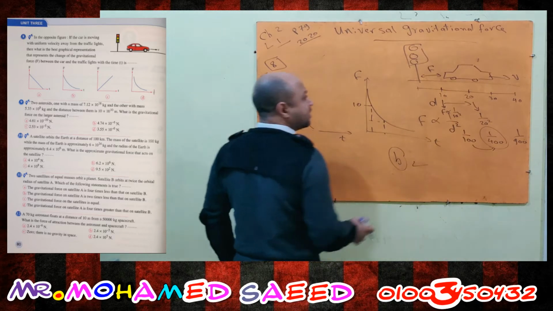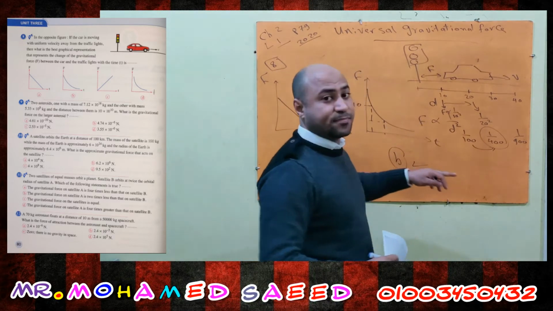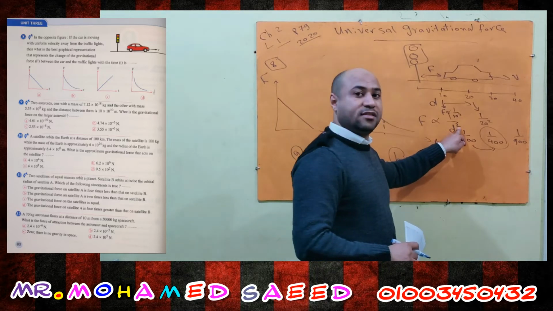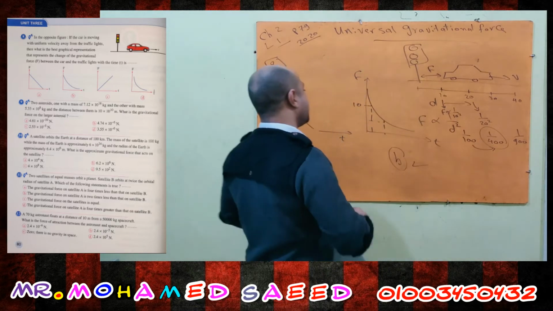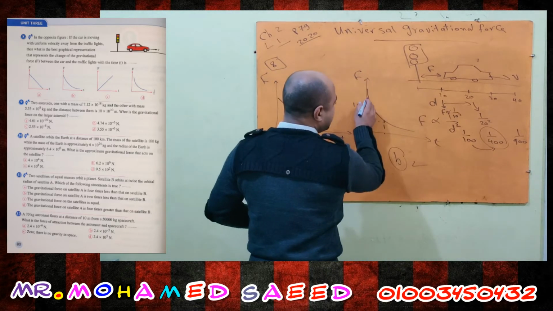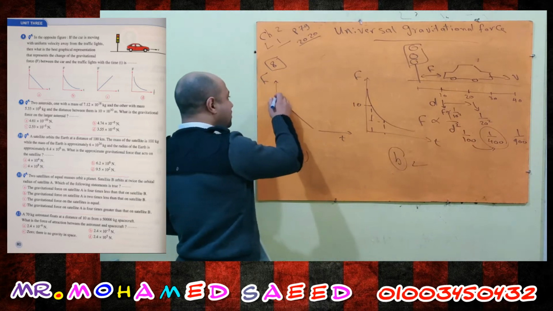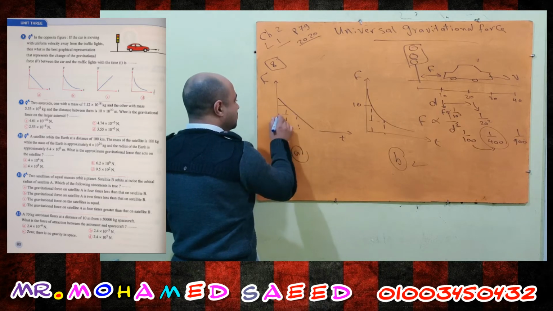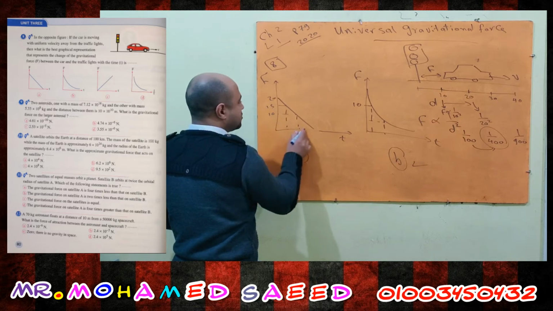لا هي مش بتقل كده، ده هي بتقل because the relation between force and displacement is inversely with the square of the distance between the car and the traffic lights. So the true answer is B, because the force decreases but in a non-uniform way. But A, the force decreases but in a uniform way: 10, 5, for example, or 20, 15, 10, and so on each second.